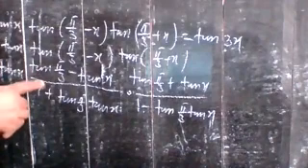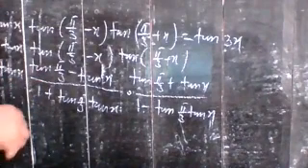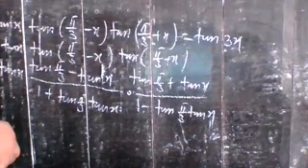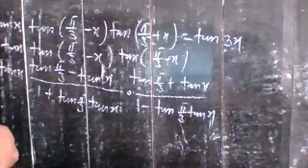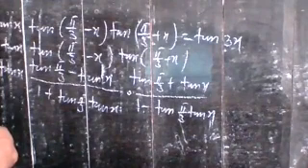Now putting the value of tan pi by 3, which is what? What is the value of tan pi by 3? Pi by 3 means 60 degree.